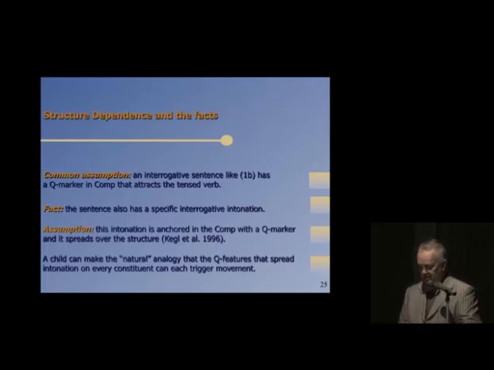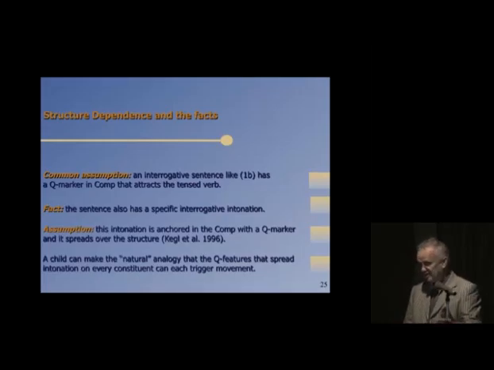This question intonation is anchored in comp with a Q marker, and it spreads over the structure. Kegl et al. say that it even takes place in sign languages. And then what could happen? Well, a child could make the natural analogy that the Q features that spread intonation on every constituent can also trigger movement of those constituents.